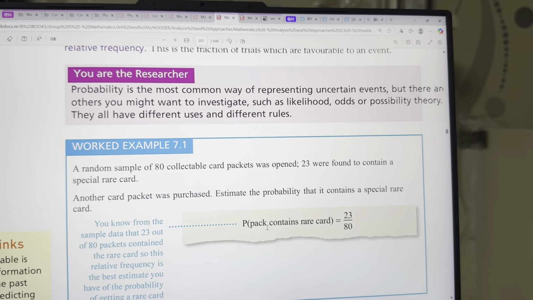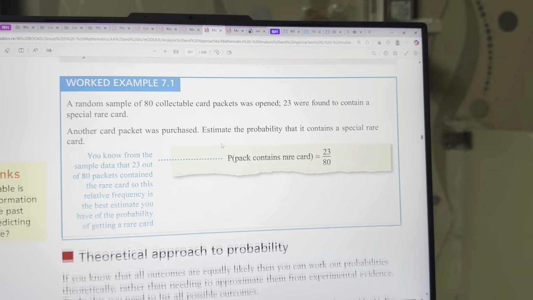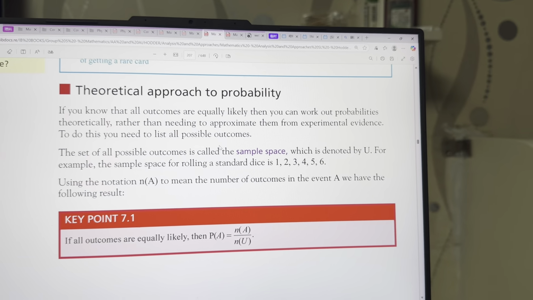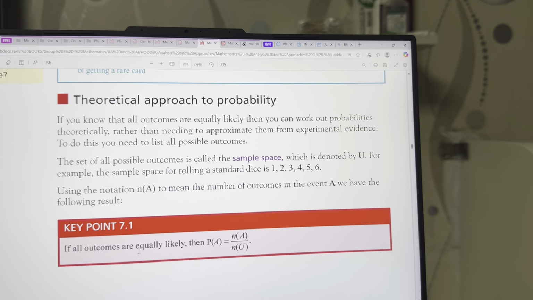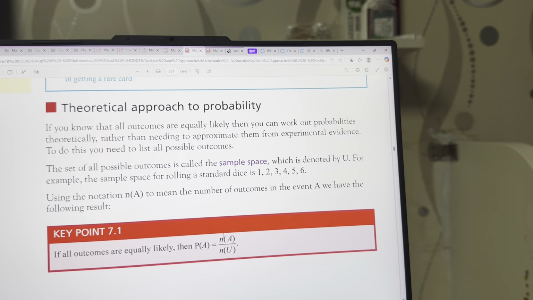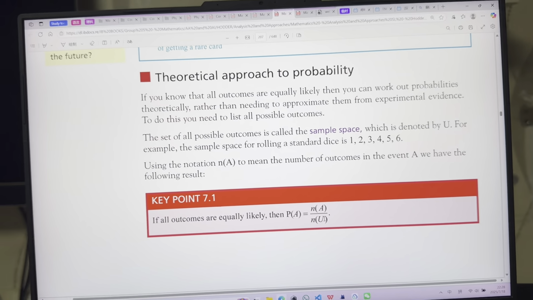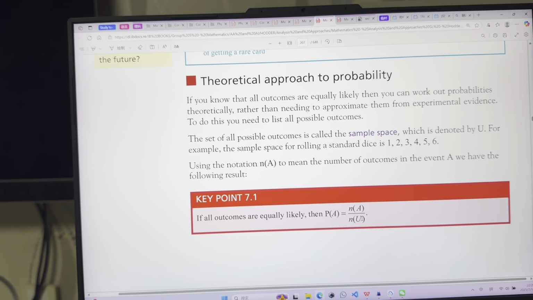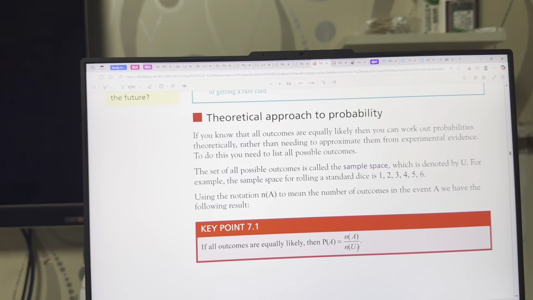So P(pack contains rare card) is 23 over 80, right? It makes sense. If all outcomes are equally likely, then P(A) is equal to n(A) over n(U), where U is all the possible events, so n(U) is the number of all the possible events.